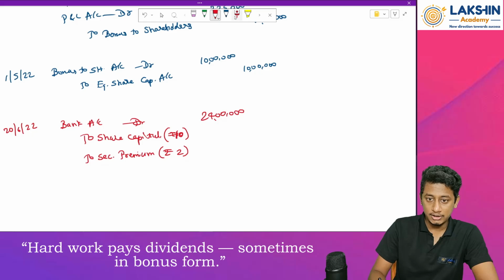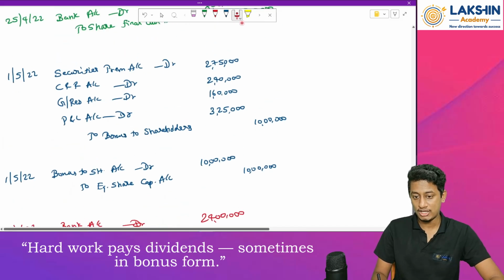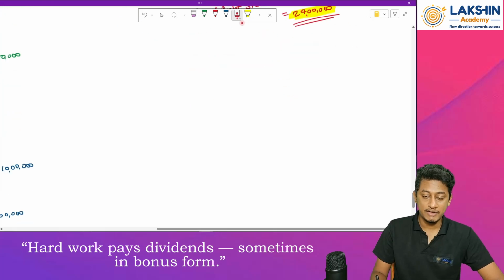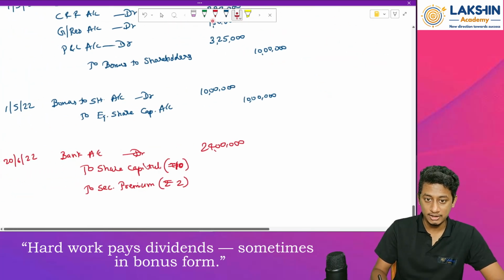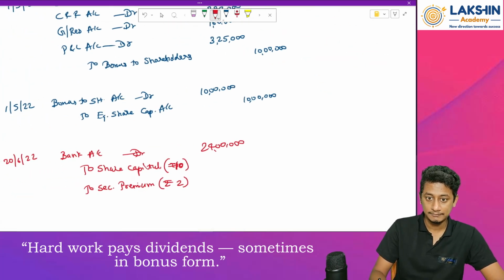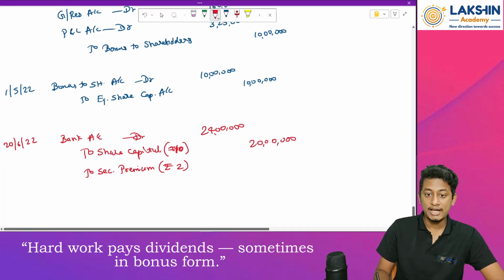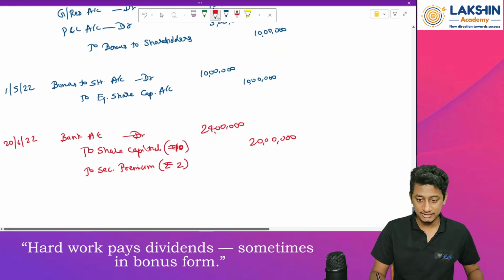So simply, how many right shares were issued? 2 lakh right shares were issued. So 2 lakh into 10 will be 20 lakhs, and 2 lakh into 2 will be 4 lakh. Yes, 4 lakh.